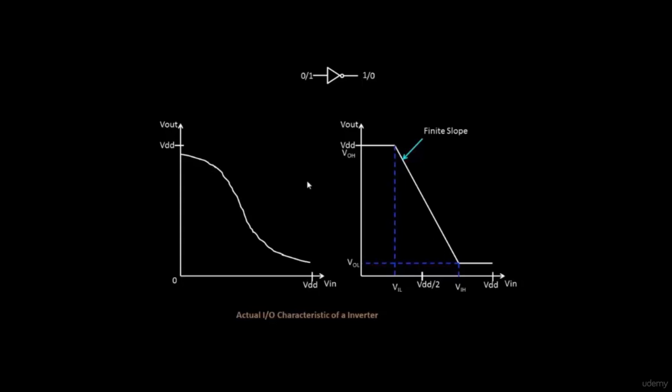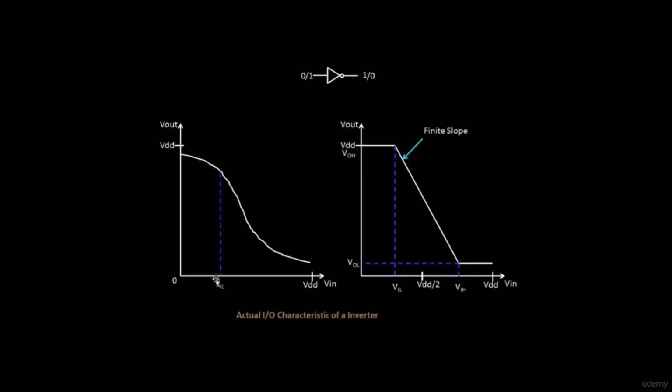Okay, now let us try to first draw the VIL and VIH and plot the VIL, VIH, VOL and VOH on this particular curve. Okay, so for example, let's say this is the point, this is the minimum point that we see over here, or this is the input voltage level should be at least at this particular point VIL.